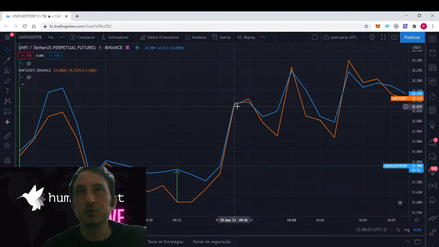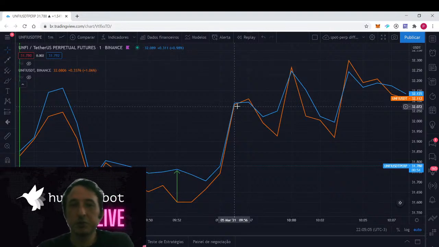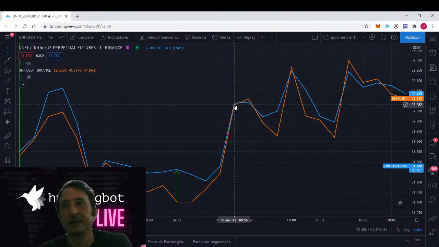And the point of the whole strategy is that when this happens, the trades would be closed. You would close the short position on the perpetual market, and buy back the same amount on the spot market.